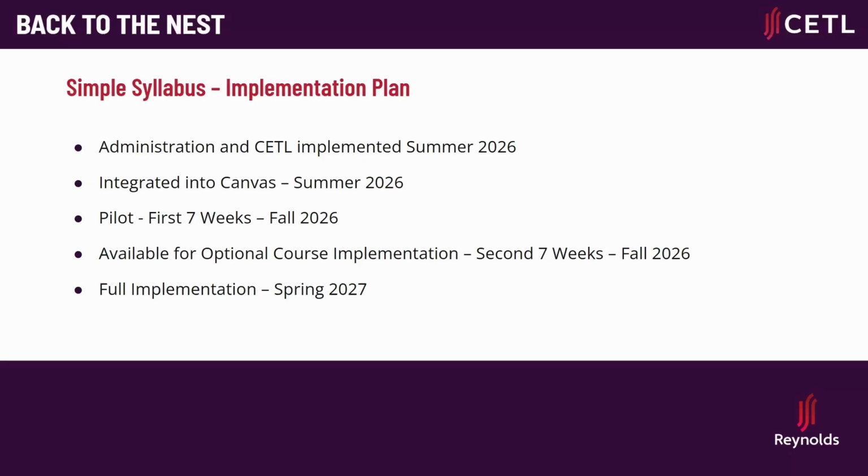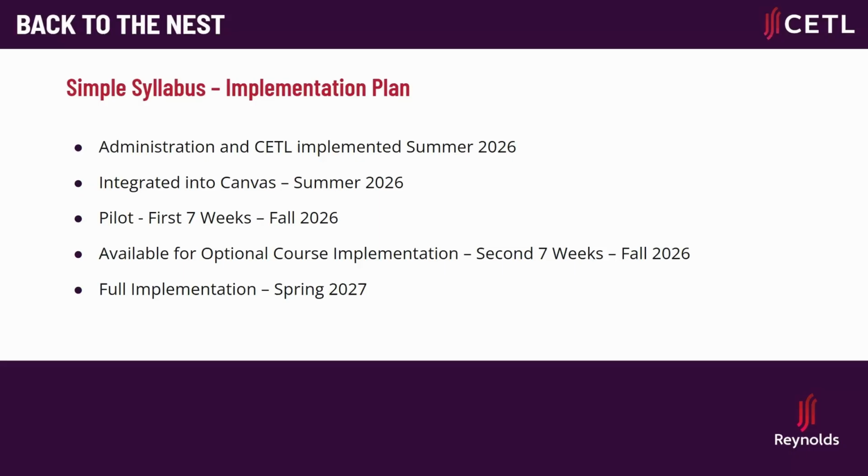Could we add into the syllabus link a navigation link to Simple Syllabus? Absolutely, and that's exactly what I do. But you can also just go to the settings link in Canvas and go to the navigation tab, and then you can pull the syllabus. You think you can, but you can't, and it will pop back up. There are certain required elements in Canvas, and you can't.